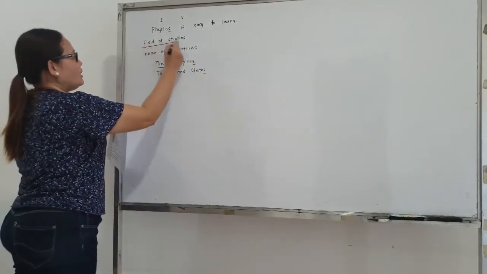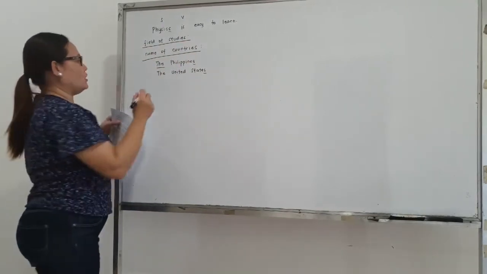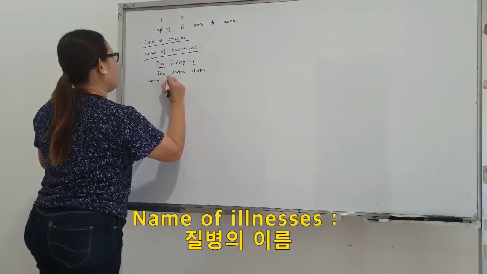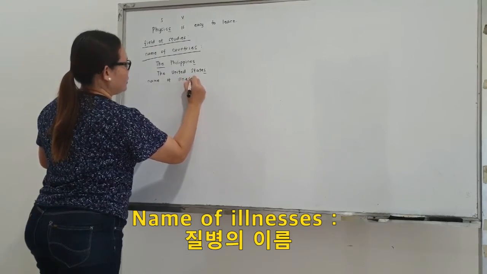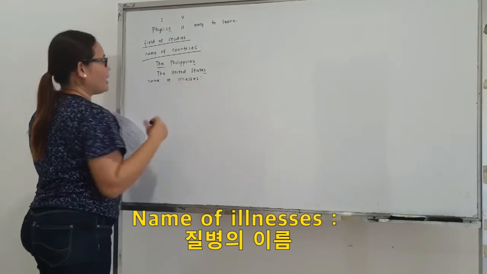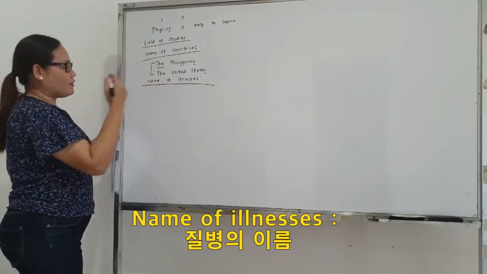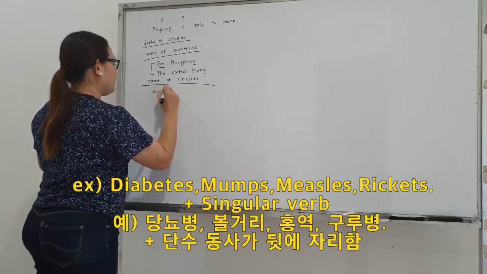So one is field of studies. Next is names of countries. Also, there are names of illnesses. When we say illnesses, they are actually what we call our health problems or health concerns. Like, for example, the word diabetes.